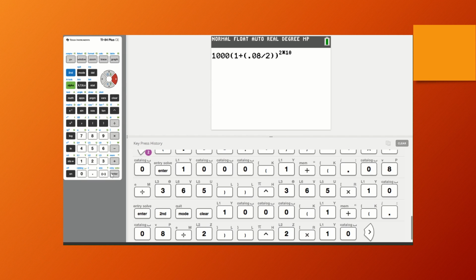Let's hit enter and let's see how much our $1,000 has grown. And it grew to $2,191.12.